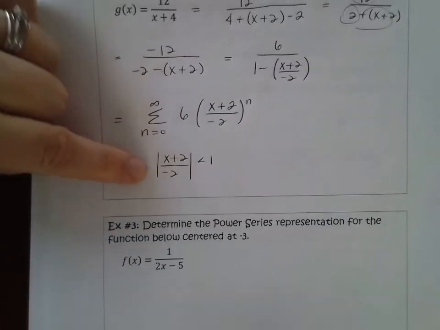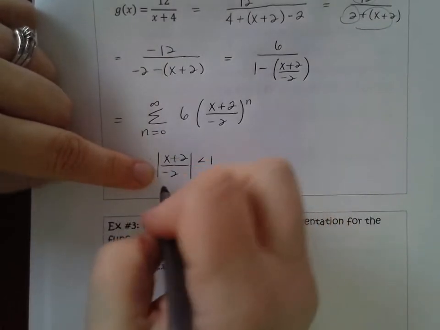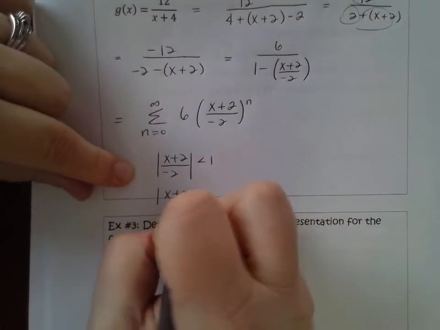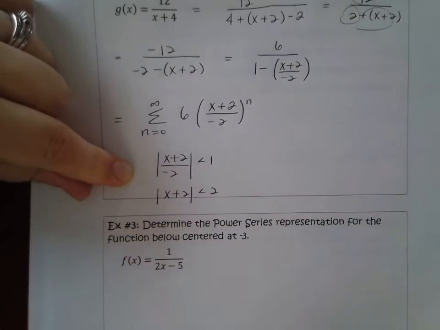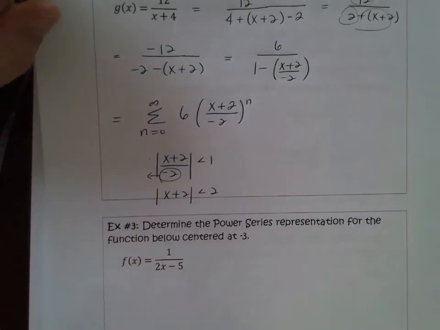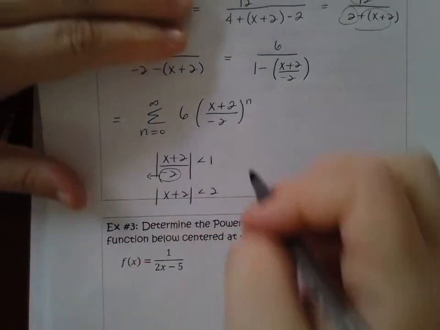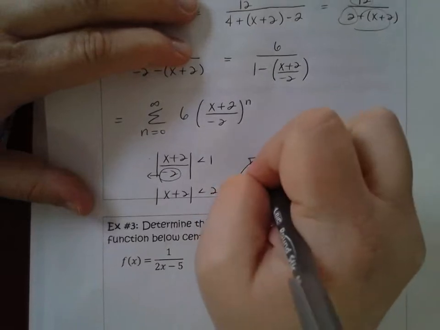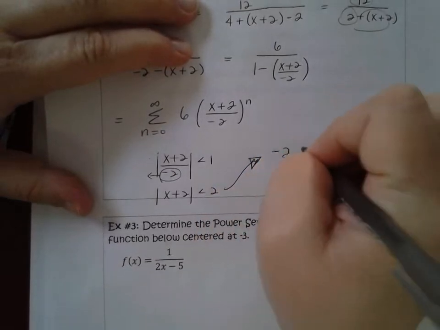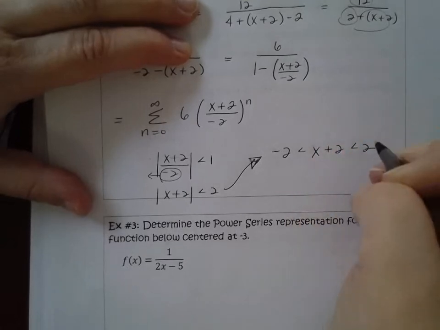When I take the absolute value of -2, I get +2, and if I multiply it on both sides, what I'm really doing is bounding x plus 2 by 2. Okay, so again, I took the absolute value of -2, making it +2, and then multiplied both sides by it. This turns into -2 less than x plus 2 less than 2.